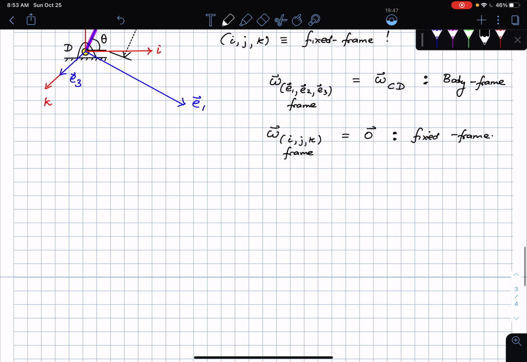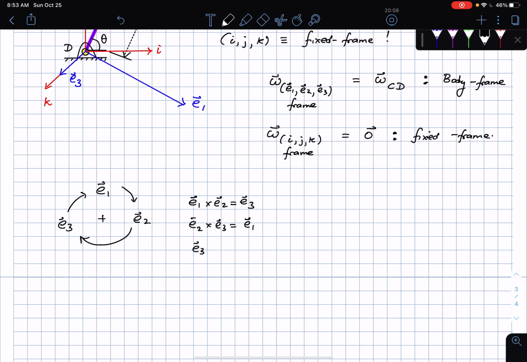They're triads where E1, E2, E3 are drawn this way, which is a positive sign. So this implies that E1 crossed with E2 is equal to E3, E2 crossed with E3 is equal to E1, and E3 crossed with E1 is equal to E2. So this is a triad.